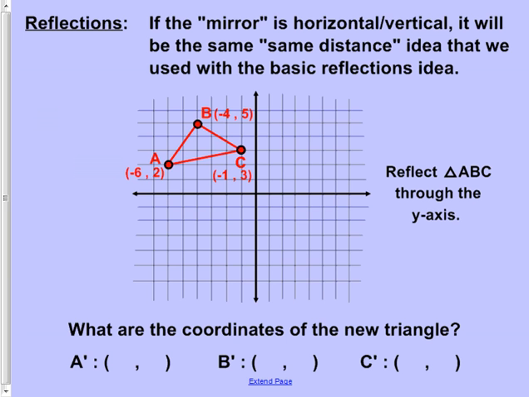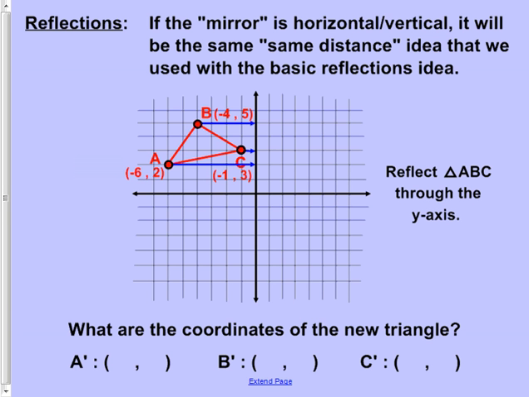Okay, so here we have a triangle, and we are told to reflect triangle ABC through the y-axis. Well, these three locations, point A and point B and point C, they are all going to look into the mirror. And as we said, they will see themselves coming out through the backside of the mirror the same distance and direction as they are away from the mirror.